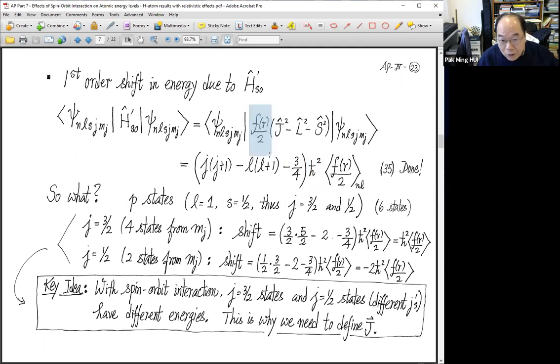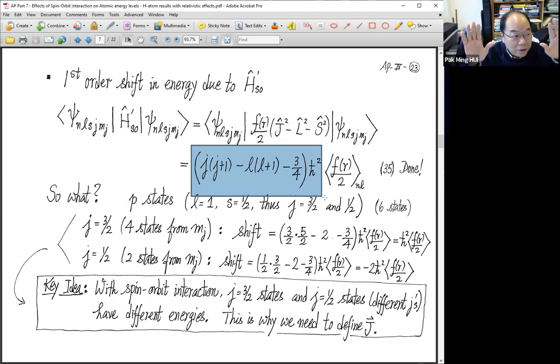This has a radial function, capital R_nl of r. You still have an integral to do. I will call it the expectation value of this thing, okay? Just a number. Now suddenly we are done. Do you see? No more work. You should appreciate this particular step. You should appreciate your effort in building up the background, okay?